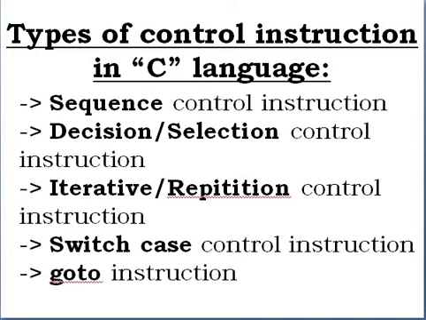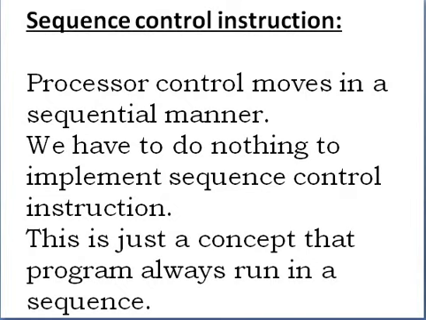In today's lecture, we will discuss the first 3 types of control instructions one by one. First is sequence control instruction. In this sequence control instruction, processor control moves in a sequential manner.